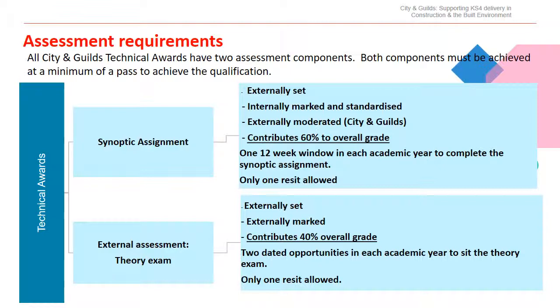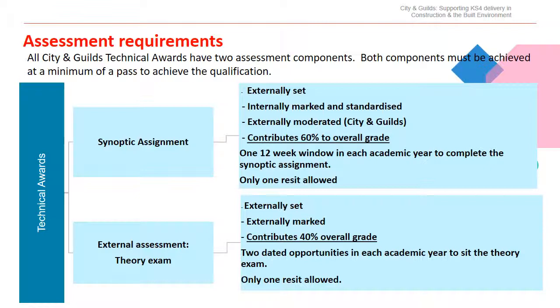It is then externally moderated by City and Guilds and contributes 60% of the overall grade. The opportunity to carry out the synoptic assignment is available within a 12-week window, and there is only 1 resit allowed.